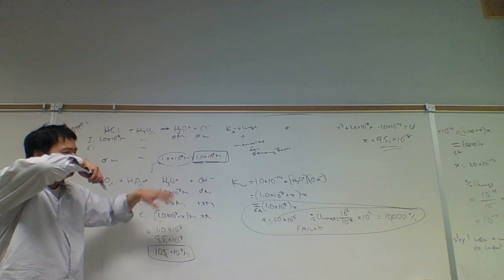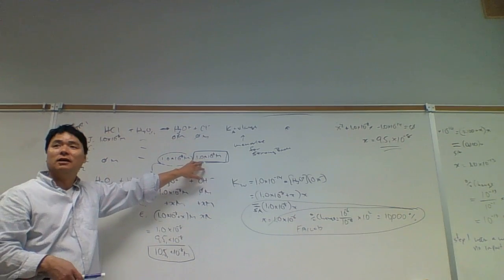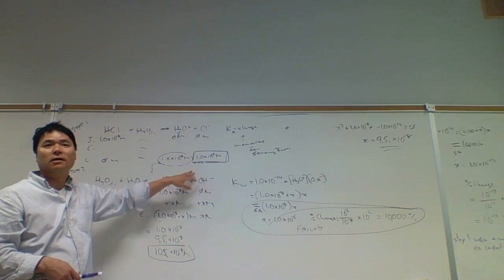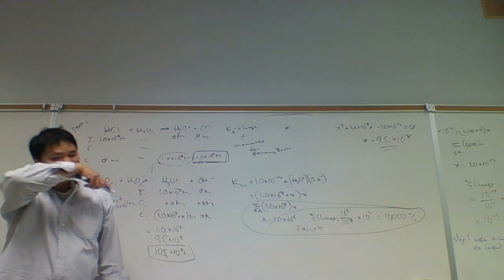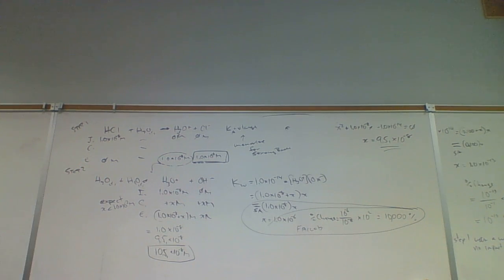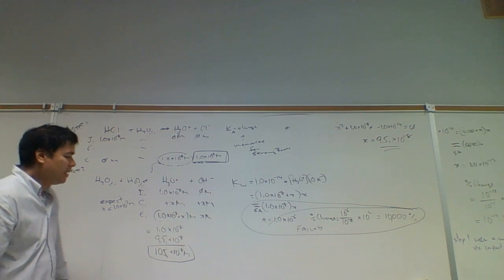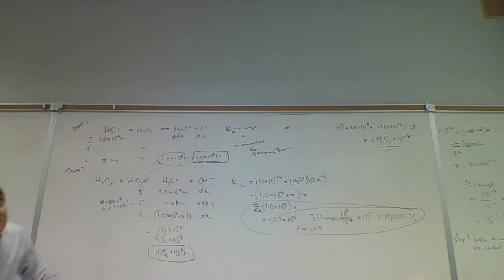And so what I would have to do is a Le Chatelier's fix of this. So for weak bases, step 2 concentration will always be lower than step 1. For it to be right, it has to be a lot lower.